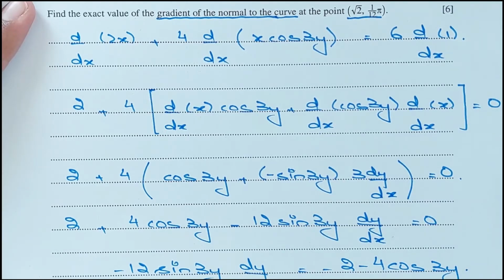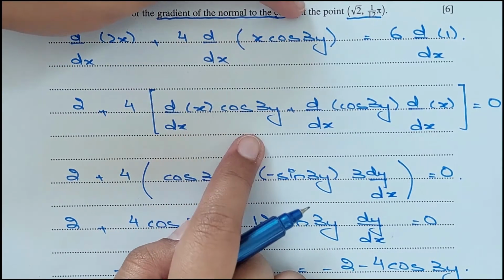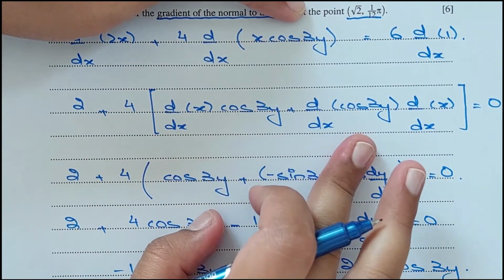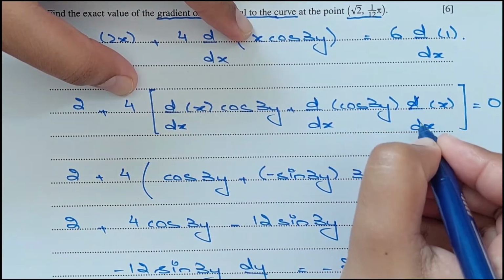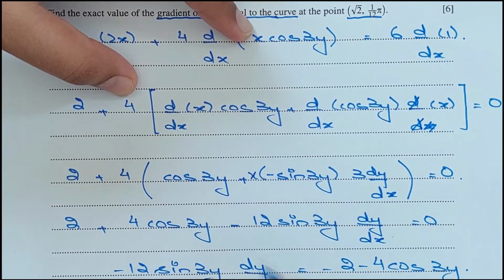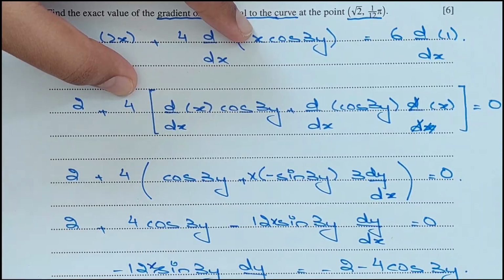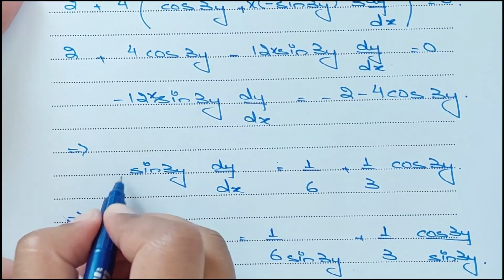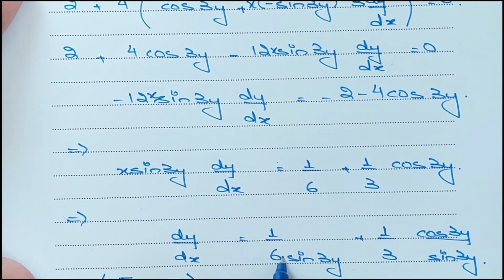Sorry, I made a mistake here. The derivative of the first term, second function is as it is, derivative of the second function, first function is as it is. This is not the derivative, right? So we have x as well, the 12x, this should be with x, okay, and so we can divide by x as well.